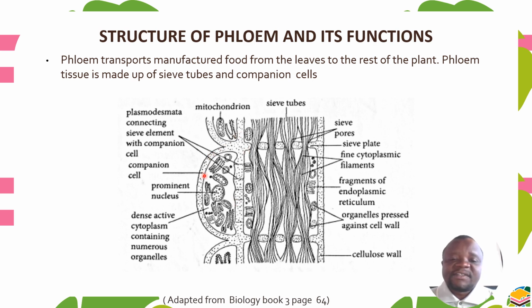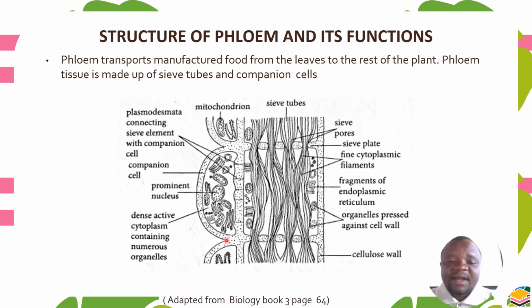Then coming to this end here, we have this prominent nucleus, which is well developed. Then we have the active, dense cytoplasm containing numerous organelles. It is called a dense cytoplasm because it contains more organelles, like the rough endoplasmic reticulum and the mitochondria.